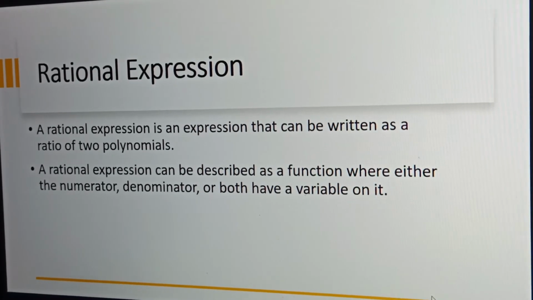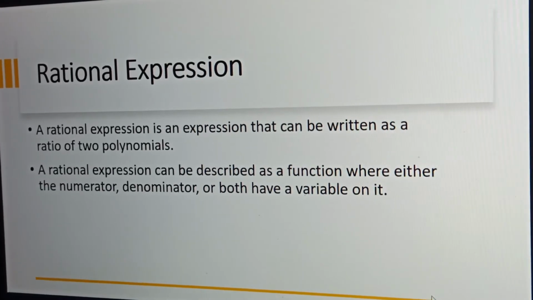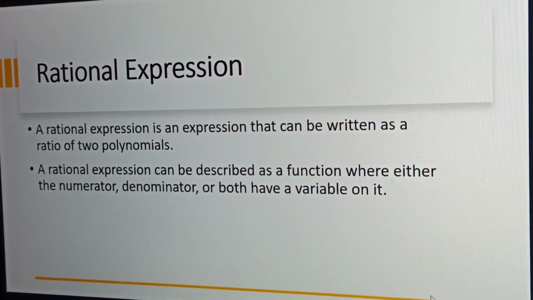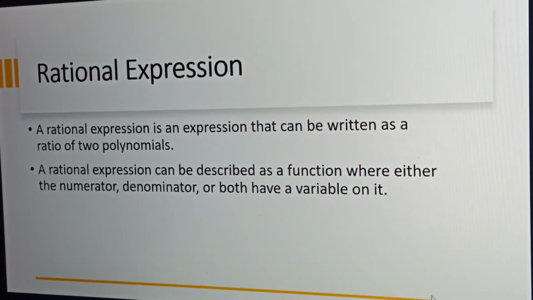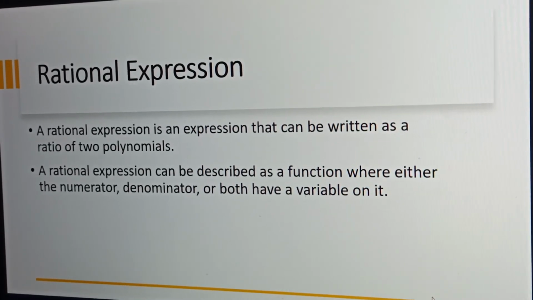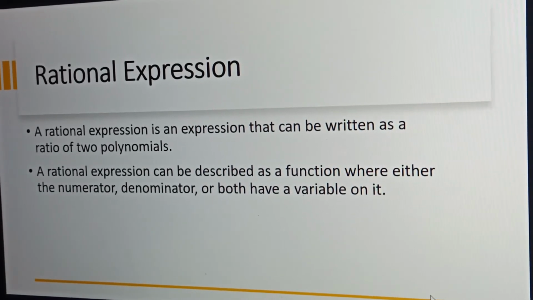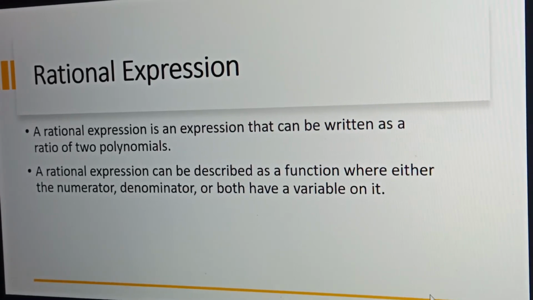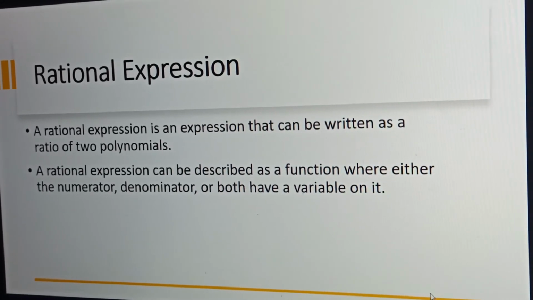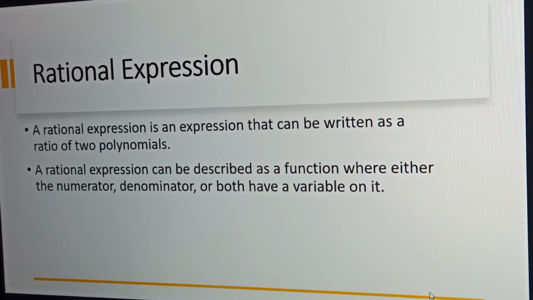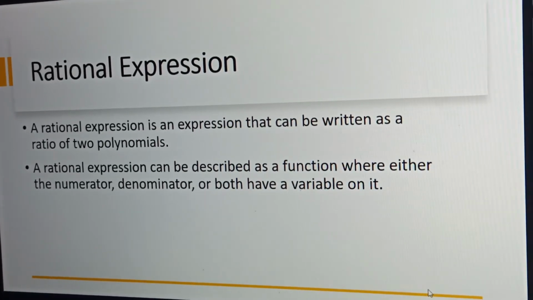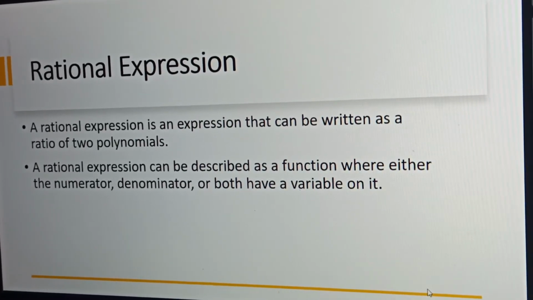So, gaya na sinabi ko sa inyo kanina, that the rational expression is in the form of a fraction form which consists of the numerator yung nasa taas and denominator yung nasa baba, wherein they have both variable on it. Kapag sinabi natin variable, it's either x, y, a, b, c, d, so on and so forth. But the most popular used type of variable is syempre yung ating x and y variable.